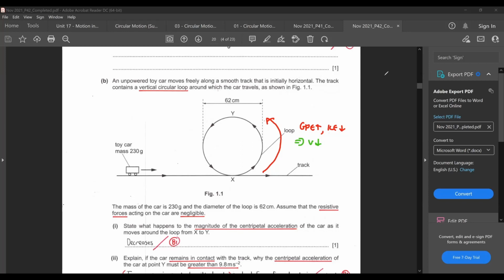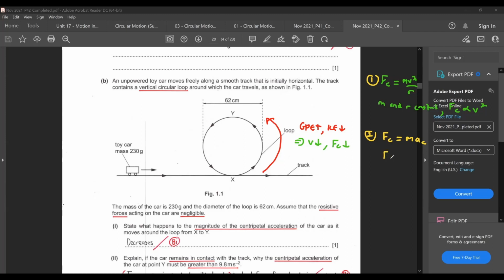Now, if you recall that FC is mv squared over r, if m and r are constant, that will mean that FC is proportional to v squared. So since v is dropping now, FC drops. And also, you know that in general, FC is mass times centripetal acceleration, right?